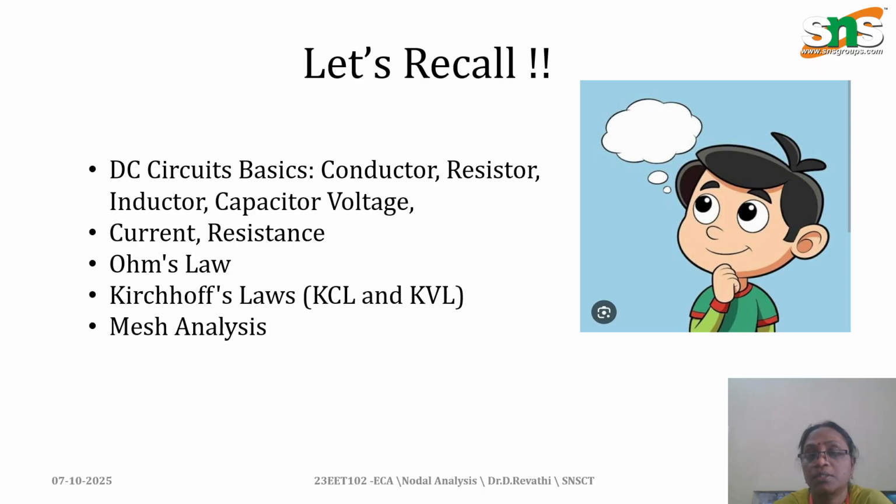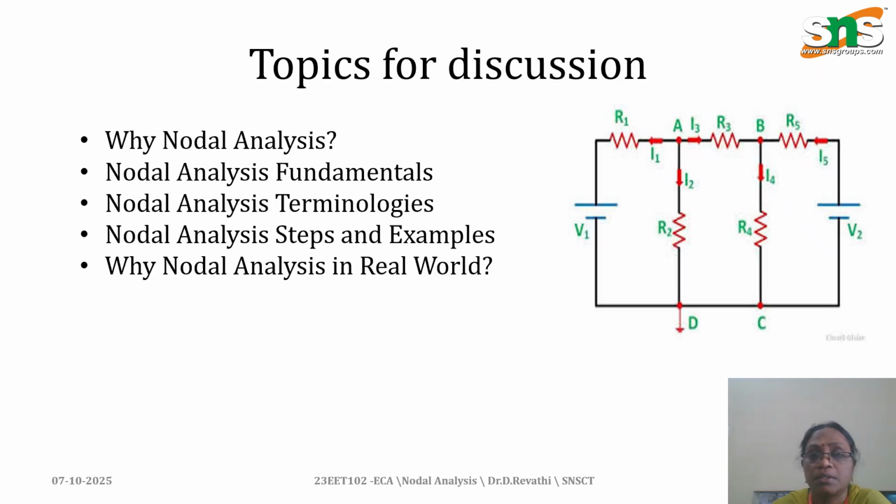KVL says the sum of the voltage drops around a circuit is equal to 0. Ohm's law is V equal to I into R. We recalled all this information in the last session itself, so we just have to recall it. Mesh analysis we have just recalled, so we can enter into the session.